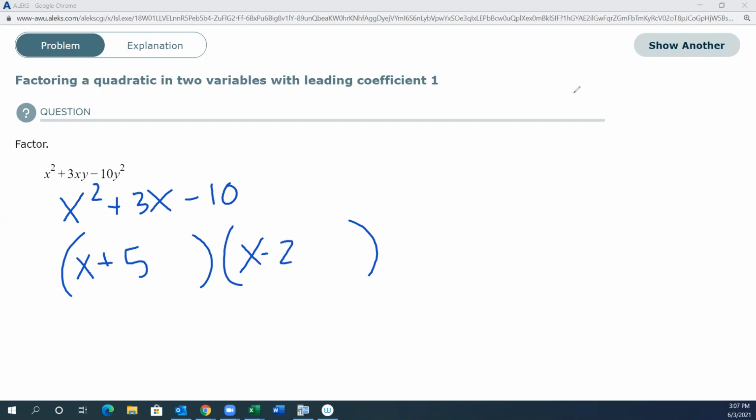Now that it's factored, all you have to do is slap those y's in at the end of both. That's where you put them, right there. Boom. And if you multiply it all back out, you'll get back to where you started. So when that second variable is there and you're factoring with this method, just pretend the second variable isn't there for a few moments, then put it in at the end.